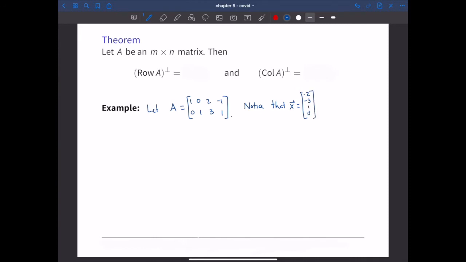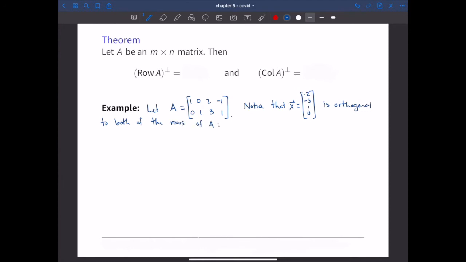Notice that this vector, and it kind of came out of nowhere, so don't worry about where it came from right now, but notice that this vector is orthogonal to both of the rows of A.